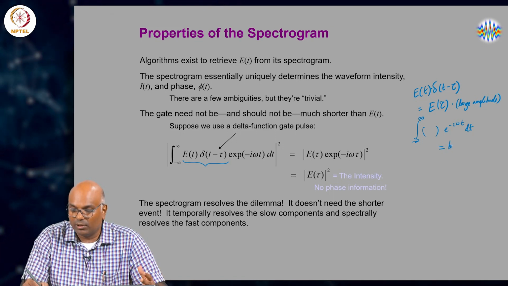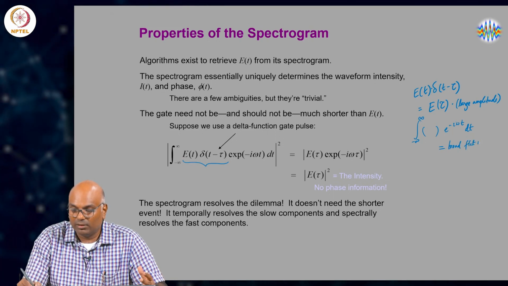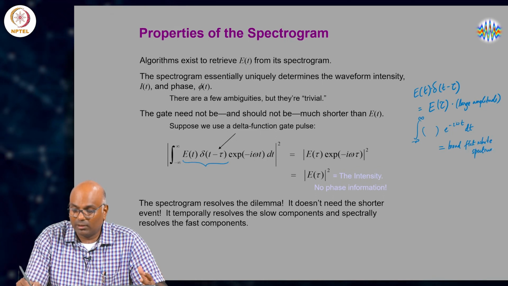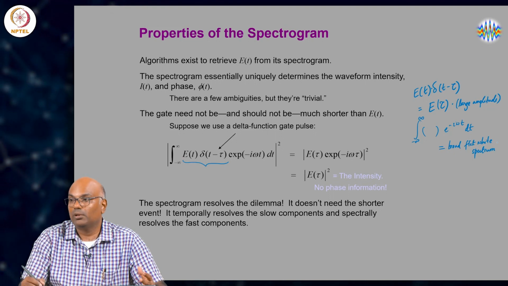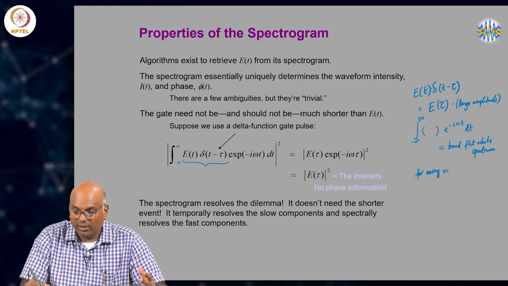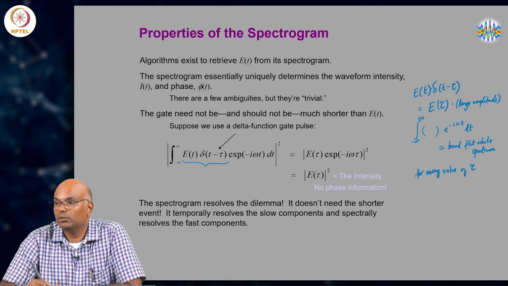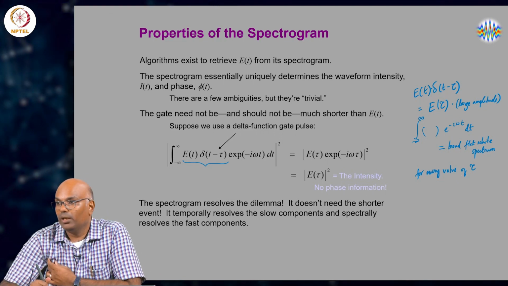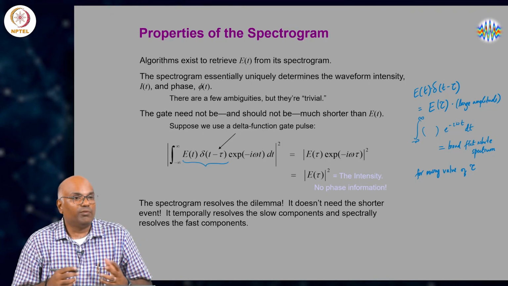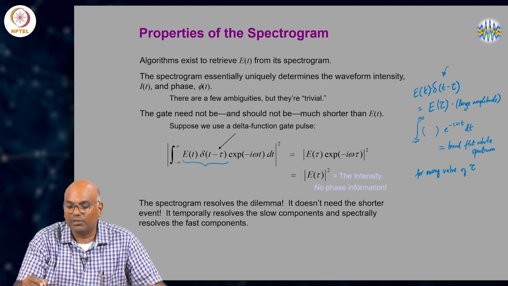This gives you a broad, almost flat, white spectrum for every value of tau. So, therefore, information specific to the shape of the electric field and the pulse is lost owing to this very dominant gate function, which is very short.